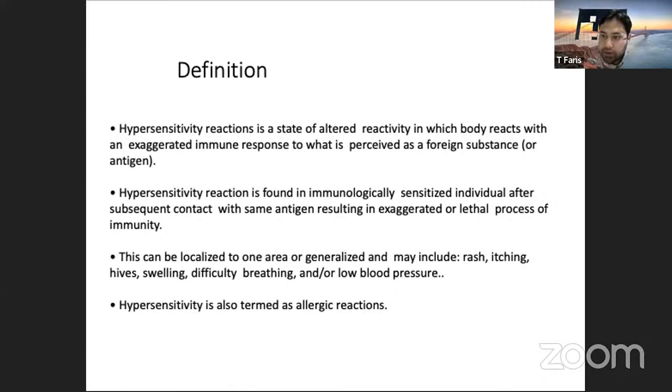The antibody is the key player that binds to this antigen and immediately removes it from your system. And this can be localized to one area or generalized. It may include rashes, itching, swelling, difficulty in breathing, and also low blood pressure. Hypersensitivity is also known as allergic reactions.